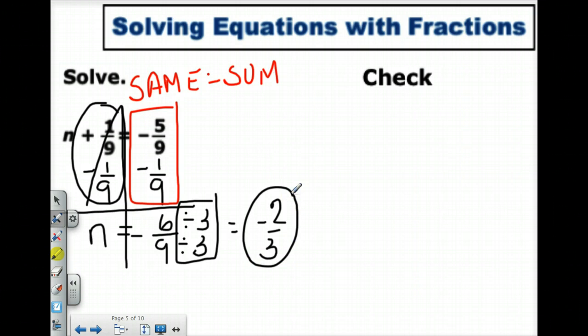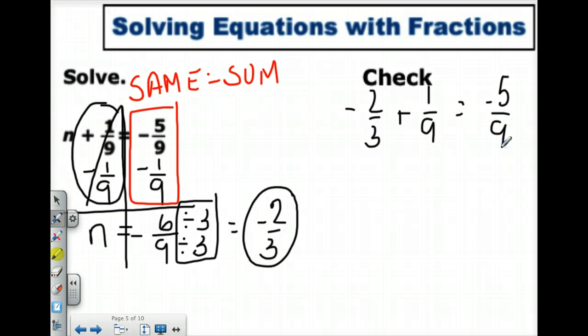Let's check to make sure our answer is correct. Negative 2/3 plus 1/9. We should end up with a negative 5/9 when we are finished. We need a common denominator for 2/3 and 1/9, and our common denominator would be 9.